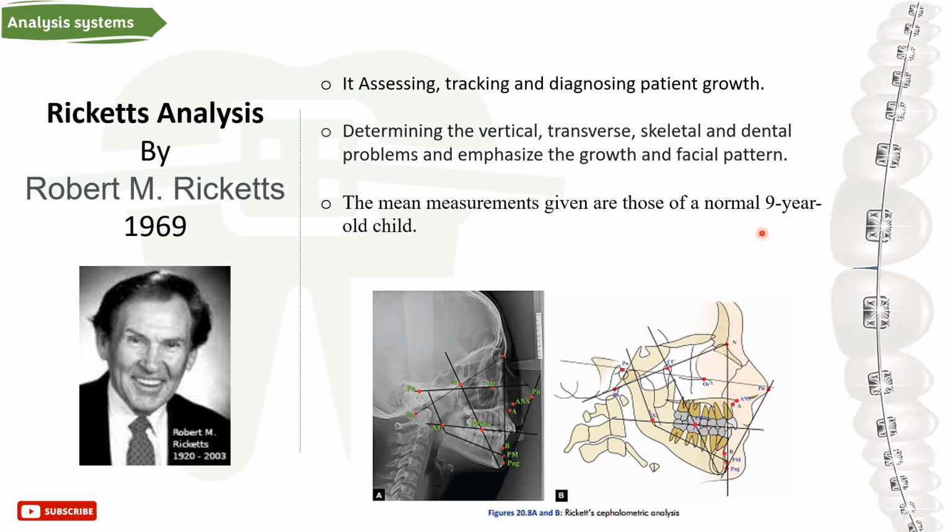The mean measurements given are those of a normal 9-year-old child, and the tables of Ricketts analysis show how much it normally increases or decreases as the patient ages, and some measures, of course, can stay the same.